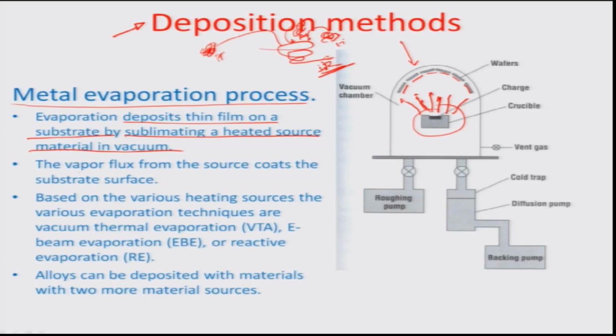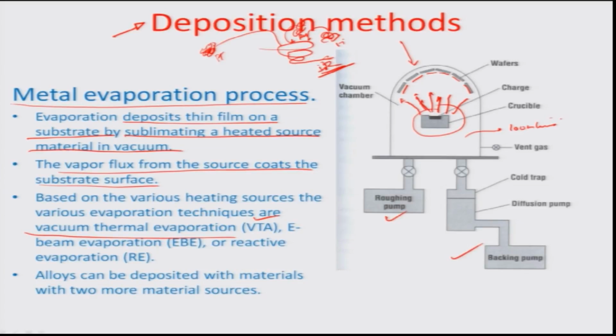The vapor flux from the source coats the surface of the substrate, and based on the various heating sources, there are various evaporation techniques. The resistive process is known as vacuum thermal evaporation or VTE. Obviously there has to be a backing and a roughing pump, because you have to take the vacuum of this region down to close to 100 millitorrs.